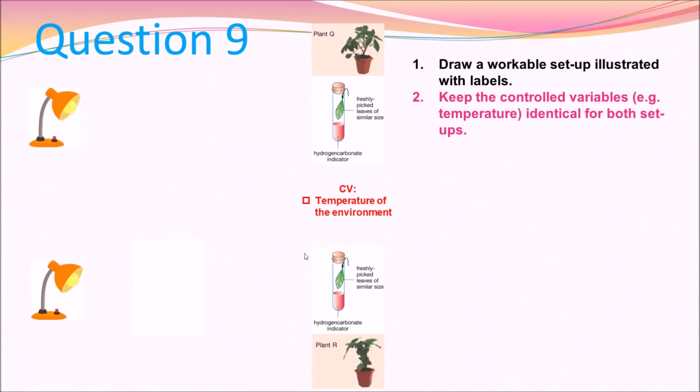We pick a leaf and put it in the boiling tube, and in the boiling tube we already have the hydrogen carbonate indicator. Of course, keep the CV identical, such as the temperature of the environment. Then put a lamp next to the boiling tube.